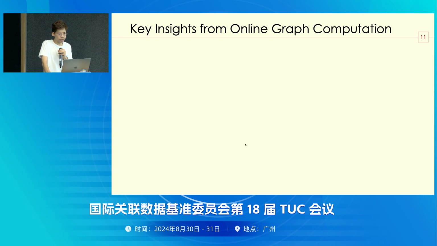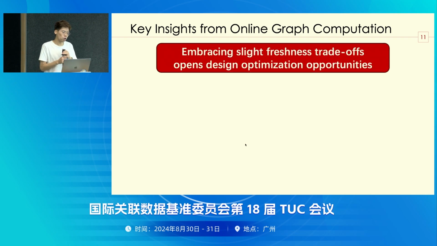To design an efficient dynamic graph store, we found some key insights about online graph computations. In a word, we find that we can accept slight freshness trade-offs. It opens design optimization opportunities for an efficient dynamic graph store.